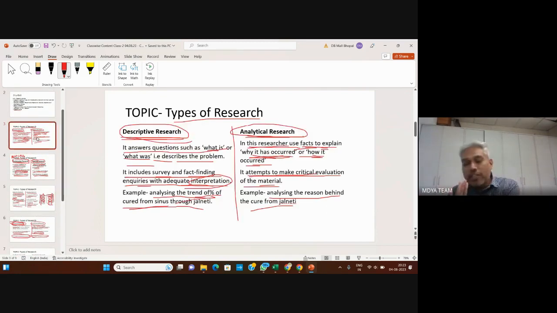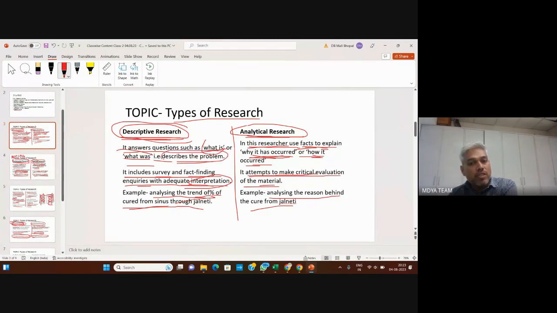What you need to do here to learn types of research: first, read it properly, compare it properly, and when a question comes on descriptive research, they will ask you what is for the descriptive research. So in the options they will give you words like: it is used to give a solution, what is and what was, it describes the problems.